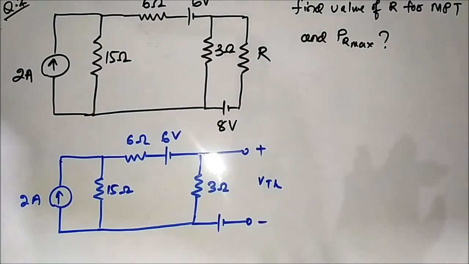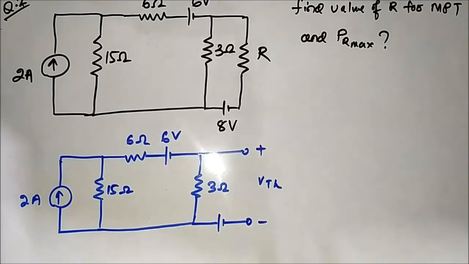To simplify this whole circuit, we see that this 2 ampere current source is in parallel with this 15 ohm resistor. So we can apply source transformation to convert this current source into a voltage source in series with the same resistance.